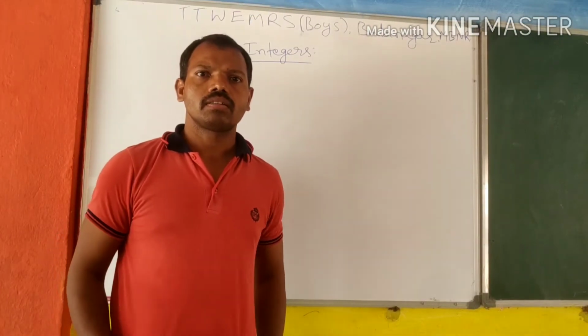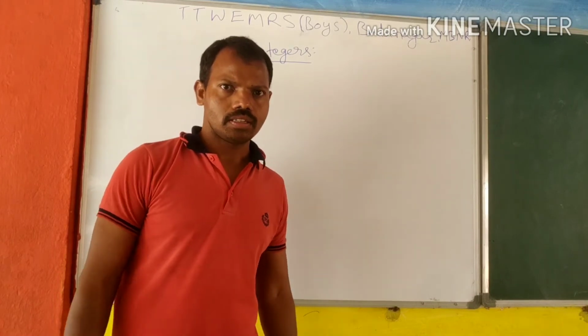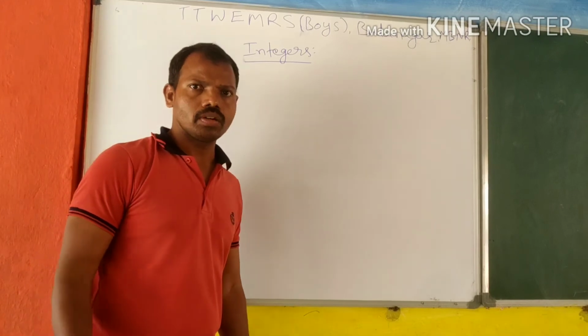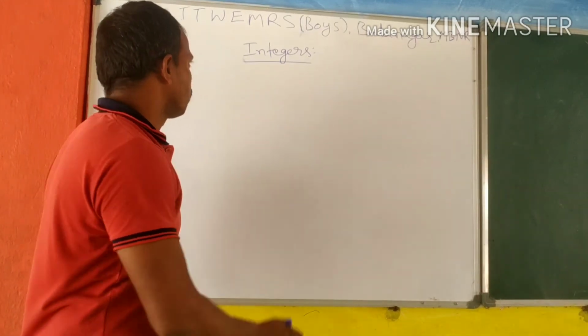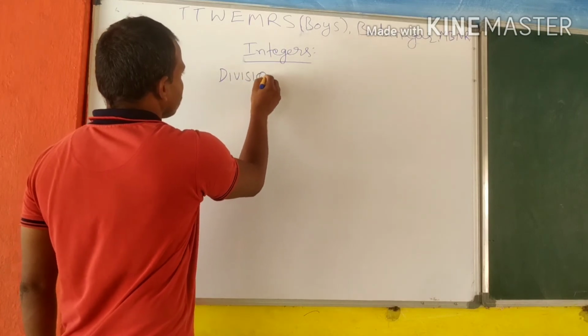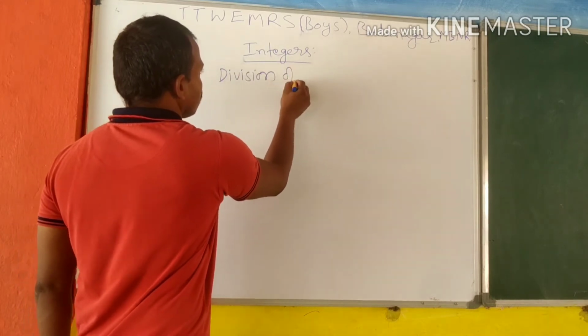Now we'll start division of integers. So how to do the division of integers? If we have a negative integer and a positive integer, we'll see a very simple example.